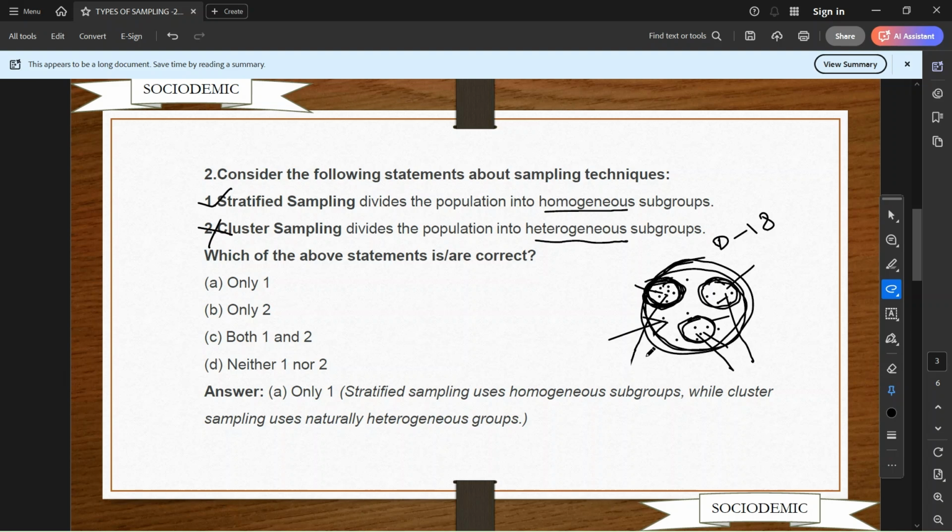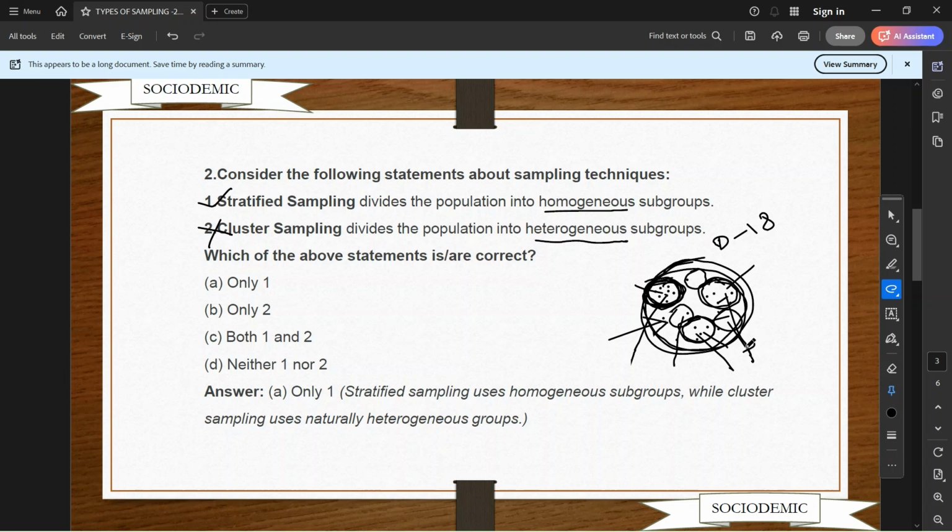For example, in this whole population, these people are living in riverside, these people are living in villages, these people are living in cities. So cluster sampling selects these riverside people, or selects these city dwellers, and takes the opinion.